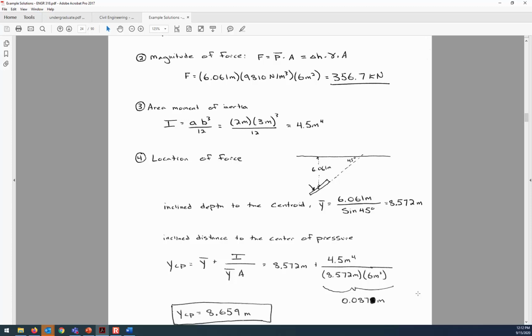That 0.087 meters, if you add that on top of the y bar that we had before, the YCP is 8.659 meters.